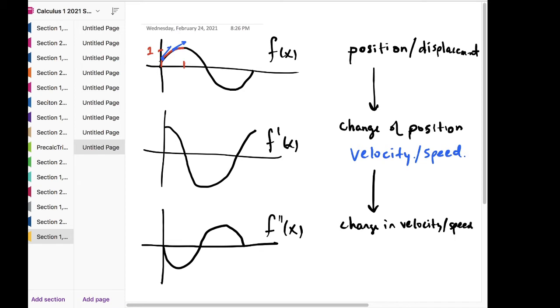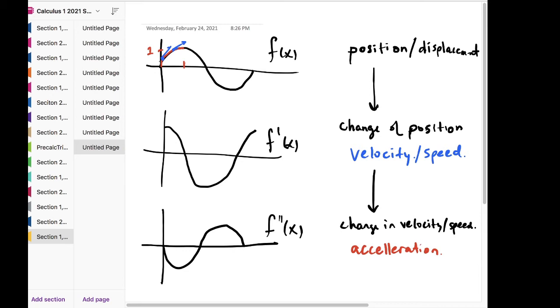How much faster are you increasing in speed? How is speed changing with respect to how time is changing? That's acceleration. So what is acceleration? It measures how the derivative is changing.